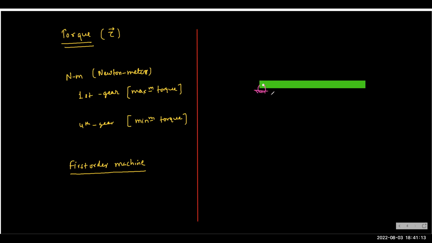So this is like a hinge. Let's call the hinge as point O, the origin. And the next thing is, near the other end of the rod, we apply some force F.